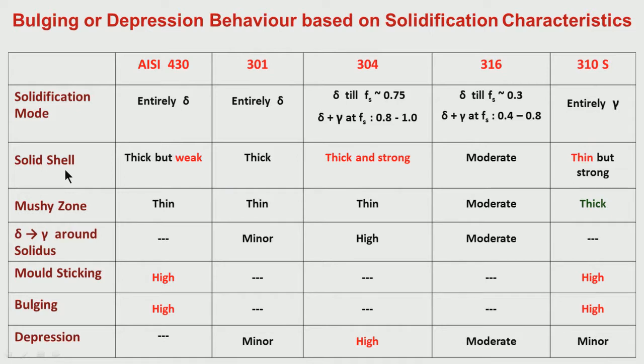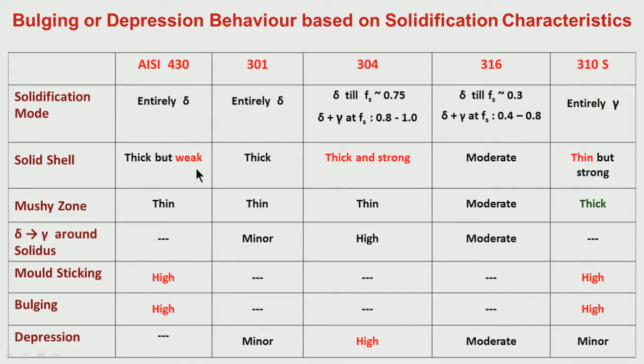Like very low carbon, as I have told you, here also for this ferritic grade 430, that means nickel equivalent by chromium equivalent is very low. Solidification is entirely through delta, and delta to gamma takes place at a much lower temperature. So, in solid state the solid shell is therefore thick because microsegregation is quite low, but it is weak.